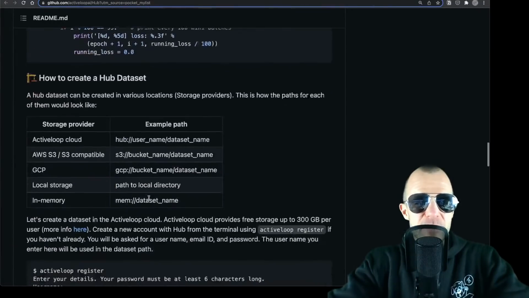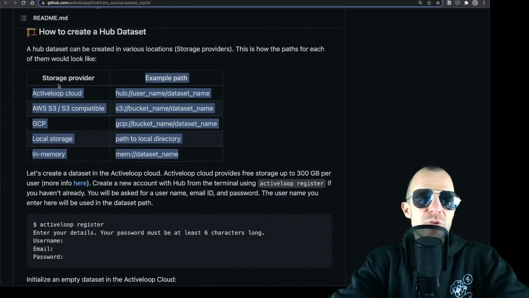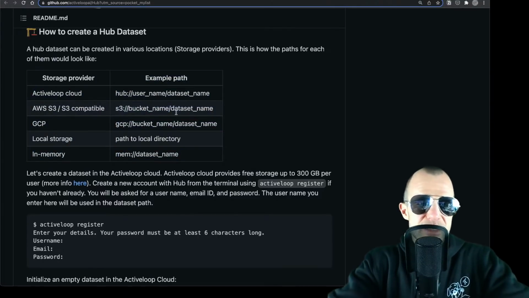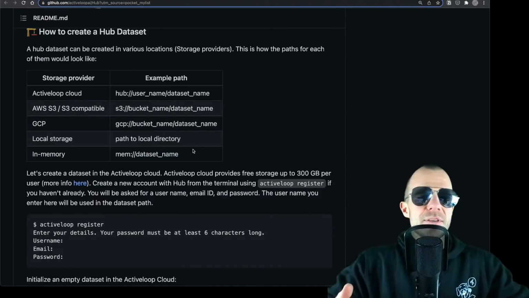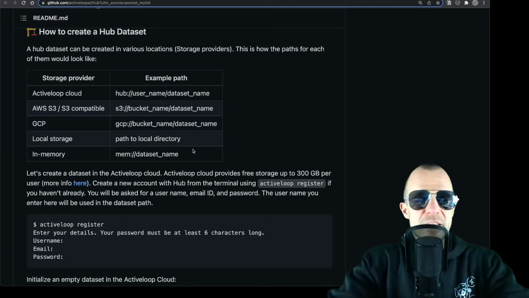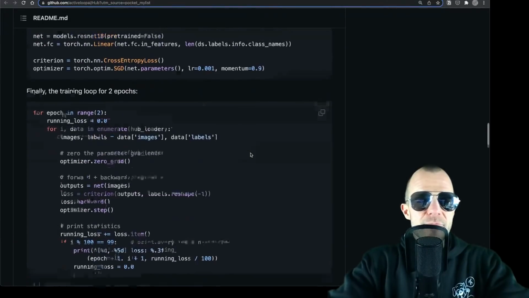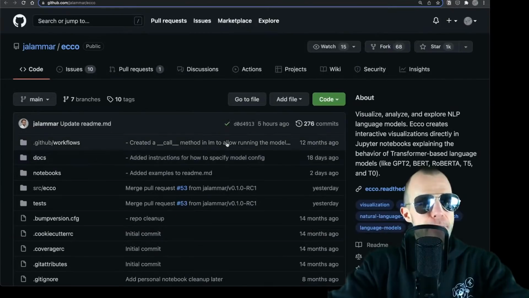What I find cool is that it has lots of backend possibilities. So you can choose sort of where your data set is stored. Can be in an S3 bucket, in a Google Cloud bucket, in memory, so on. And therefore you can send these around and give data sets easily to other people, no matter where they are located. It might be something for you. Yeah, check it out if you are looking for a solution like this.